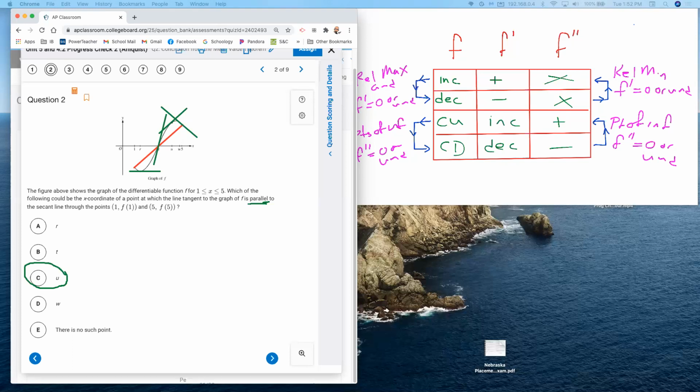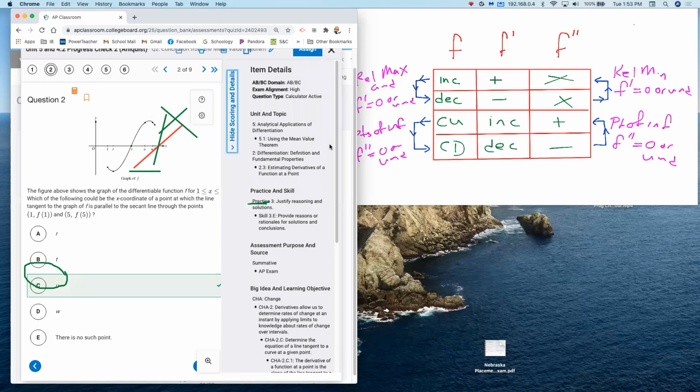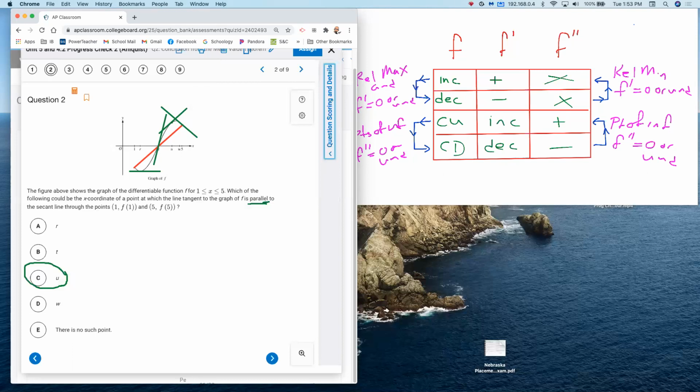I hopefully got the right answer on that. There you go. So it's that one. Okay. I am going to clear my annotations unless you have questions. Well, either way, I clear them, so whatever.